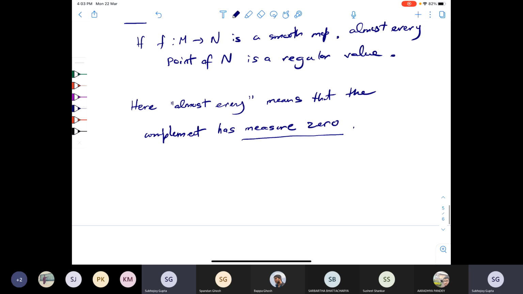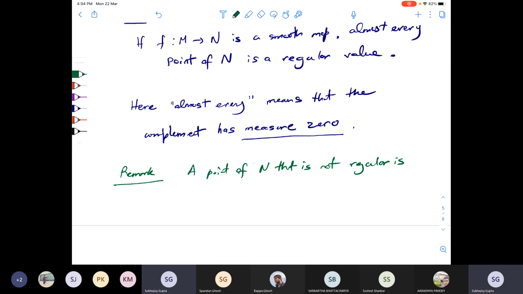Okay, but let me also remark that the things in the complement, which are not regular, also have a name. So a point of n that is not regular is called a critical value.